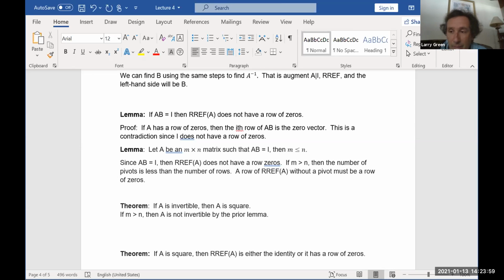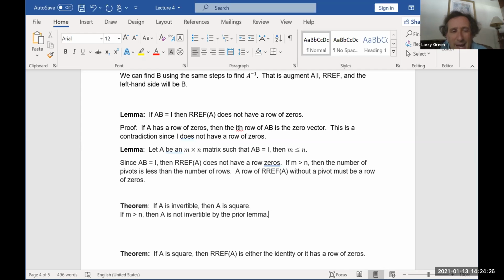Is that clear? Because remember, if RREF of A has a row of zeros, that's not good. Then you don't have the identity. You're not going to find an A times B as the identity. You have to have A times B as the identity to be invertible.